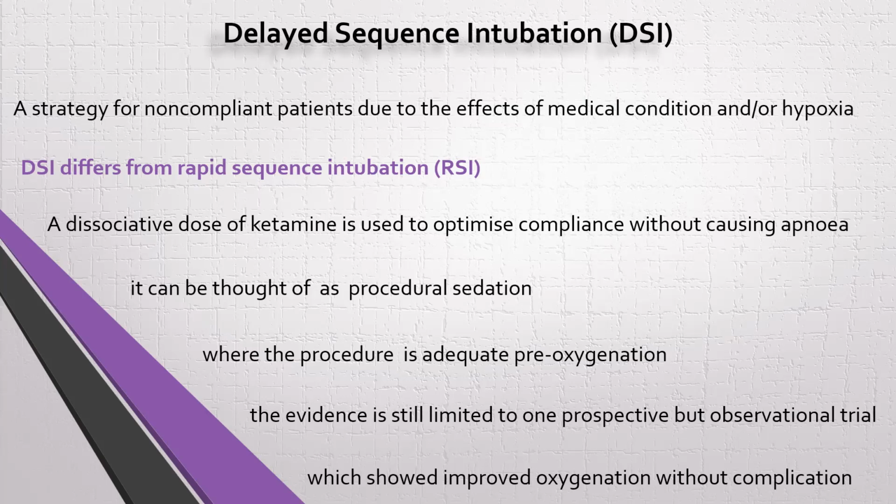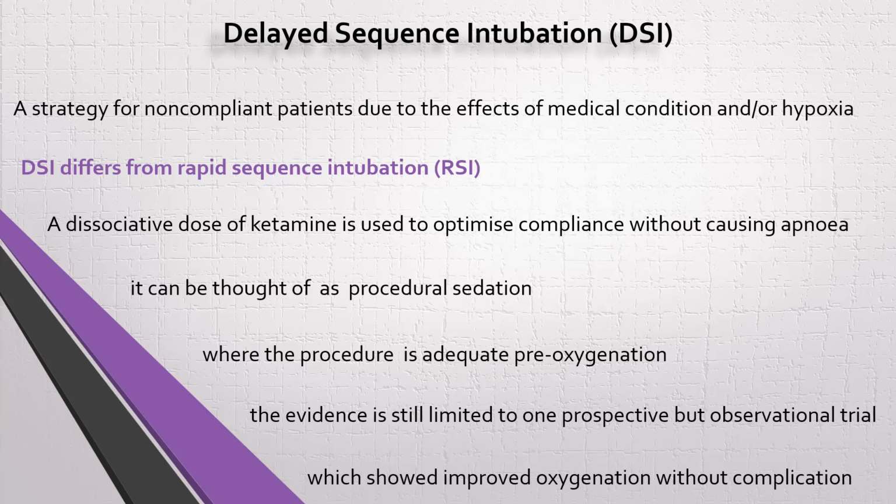We give induction or sedation without abolishing spontaneous breathing, without giving a neuromuscular blocking agent. We can give a dissociative dose of ketamine or use any medication that optimizes compliance without causing apnea, such as dexmedetomidine or haloperidol.